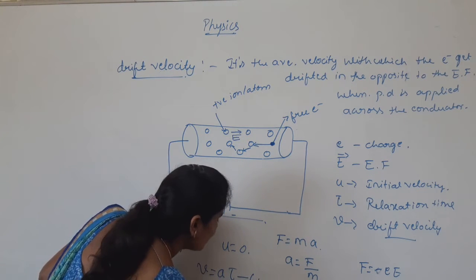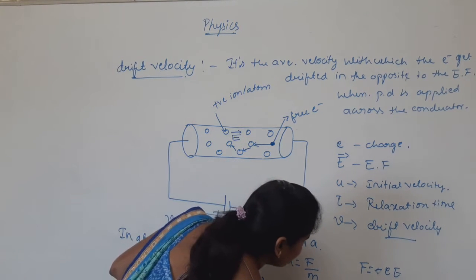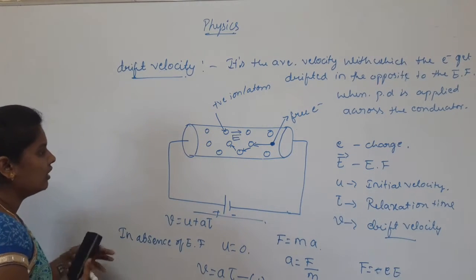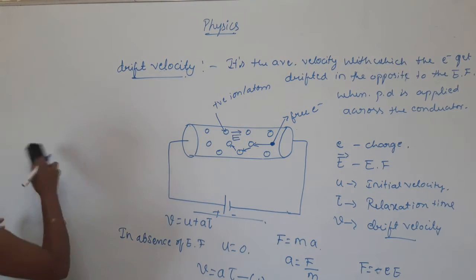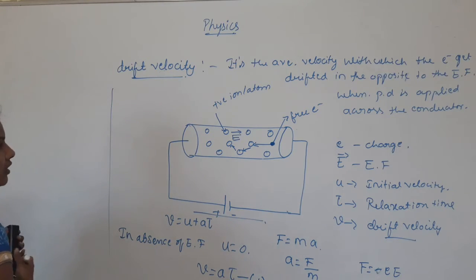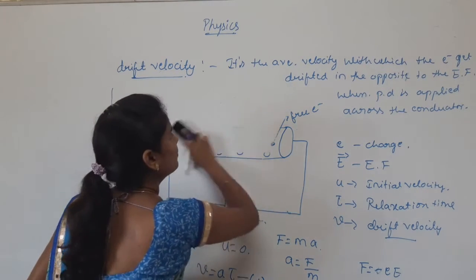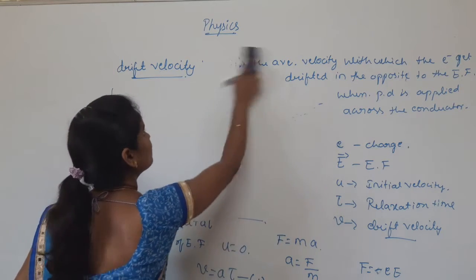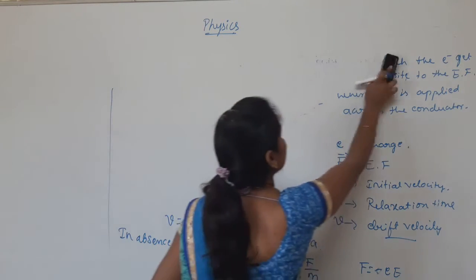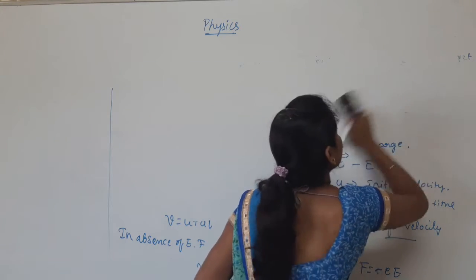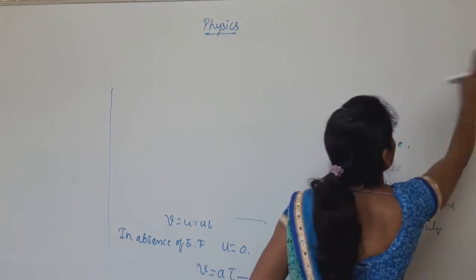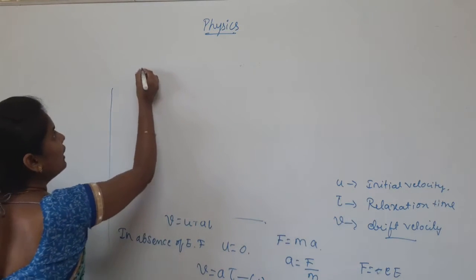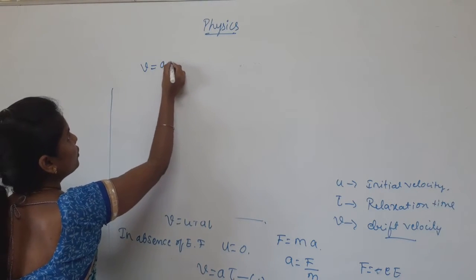This is equation number 1, and this is equation 2. Substitute equation 2 into equation 1. We get v equals a into tau.